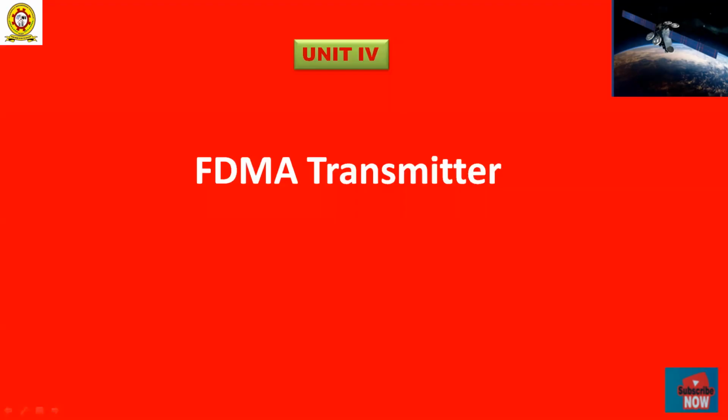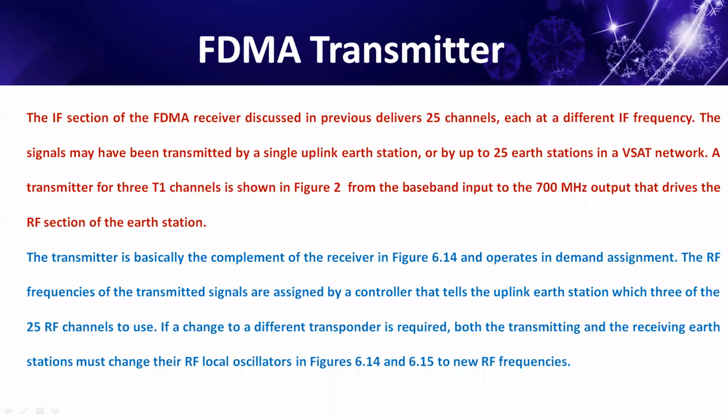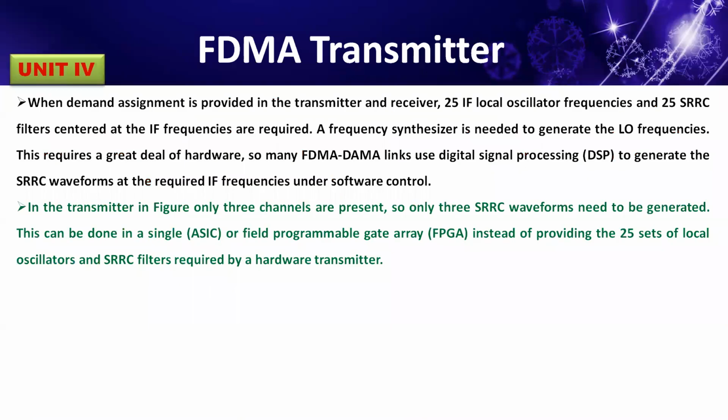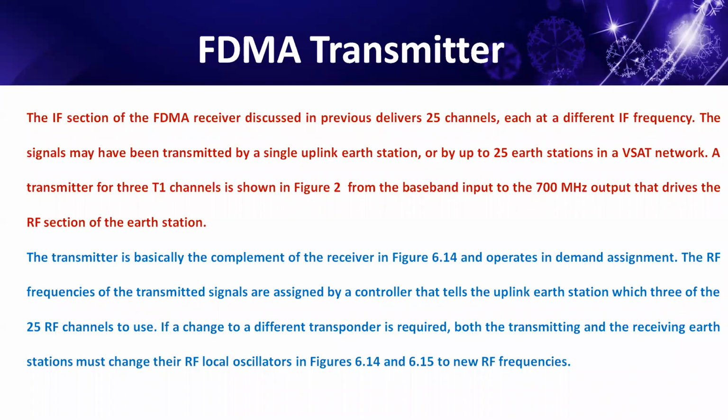So let us move to the next discussion, the summary of the transmitter. The IF section of the FDMA receiver has 25 channels and each is at a different IF frequency. That is the first observation. The signals may have been transmitted by a single uplink earth station through a VSAT network.